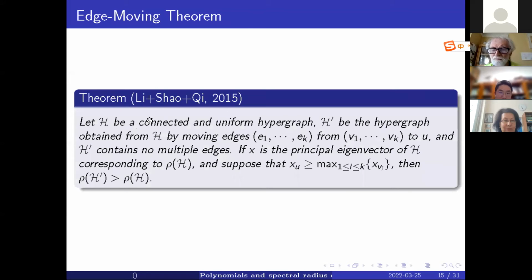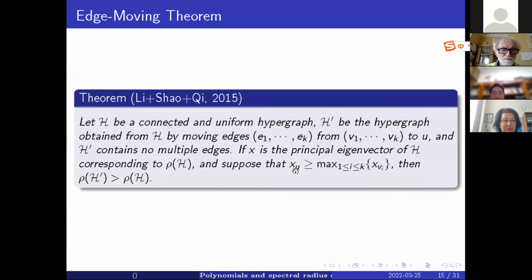Edge-moving theorem. Let H be a connected uniform hypergraph, and H prime be the hypergraph obtained from H by moving edges, with no multiple edges.